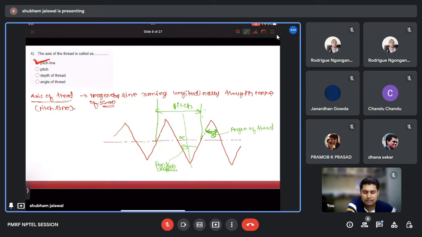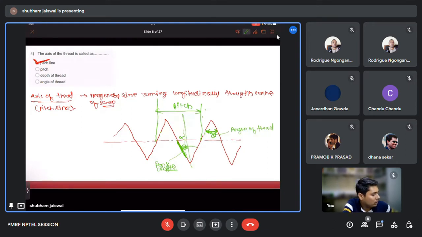Anyone? So it is the angle formed between the flank of a thread and the axis perpendicular to that of the thread axis. Okay. So this is nothing but our flank angle. So these are some basic screw thread terminologies that you should remember.